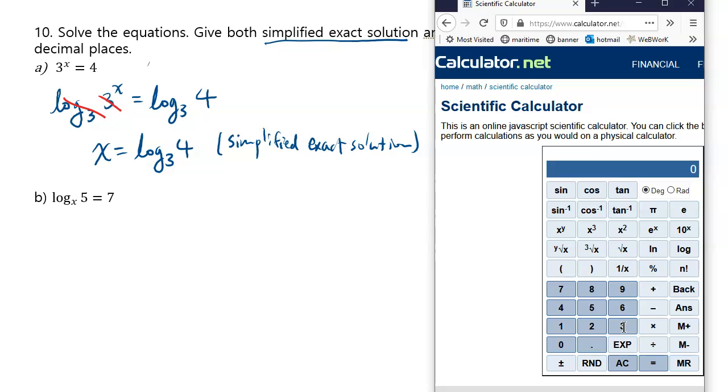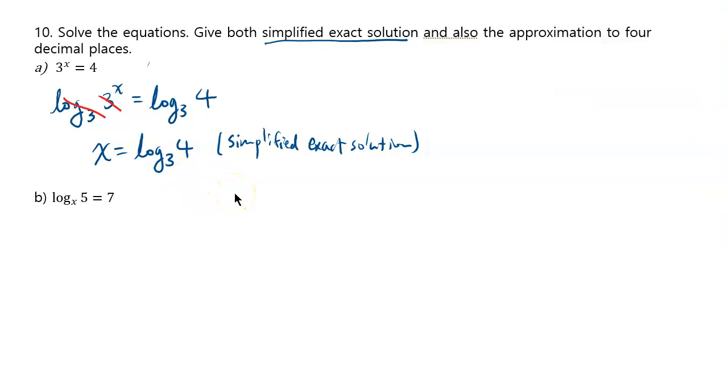I need log base 3 of 4. But unfortunately, most calculators do not have log with any base. It only has 2 types of logs, which is log with base e or log with base 10. So how do you use this calculator to calculate log base 3 of 4? That's why the base change formula is so important.